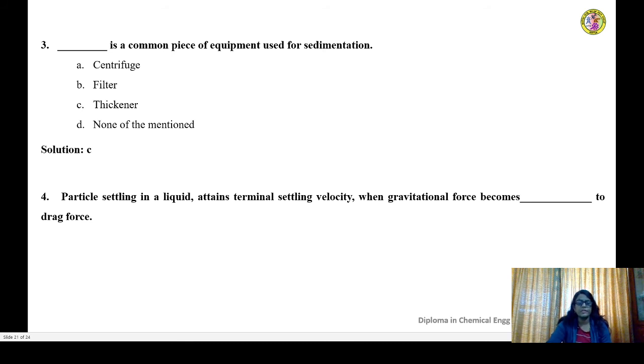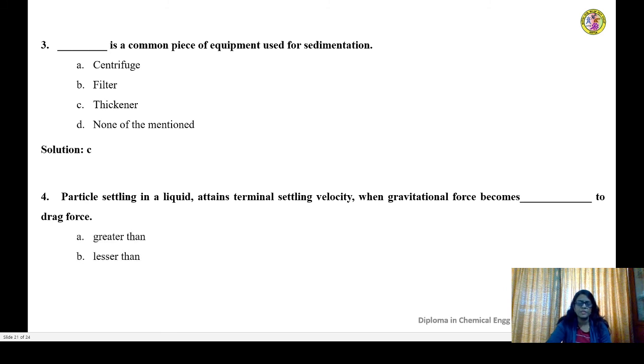The fourth MCQ, particle settling in a liquid attains terminal settling velocity when the gravitational force becomes dash to drag force. So, the terminal settling velocity, as I told you in the discussion, is that constant velocity reached by a settling particle when the accelerating gravitational force becomes equal to the resisting drag force.